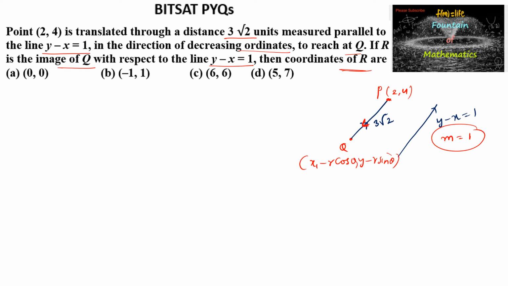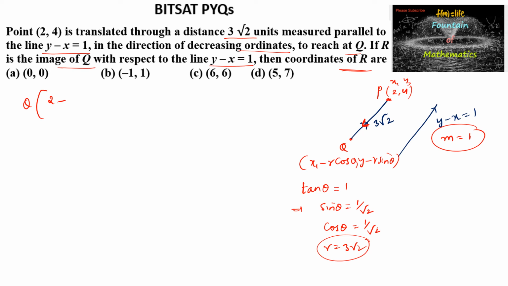Since the slope m is equal to 1, that is tan theta is equal to 1, so we can write sin theta is equal to 1 by root 2 and cos theta is equal to 1 by root 2, and r is equal to 3 root 2 units. So we get the coordinates of Q as x1 minus r cos theta, where x1, y1 is 2 comma 4.